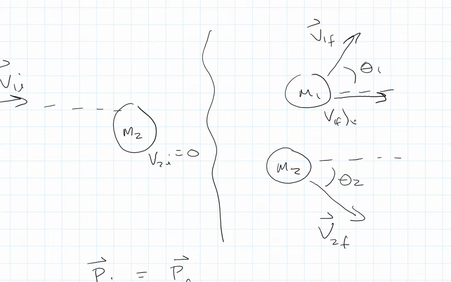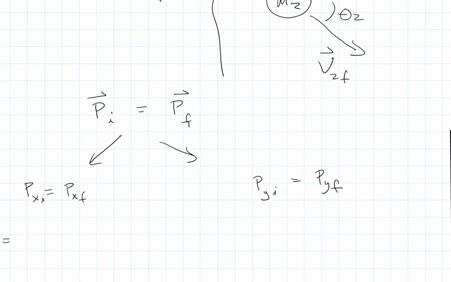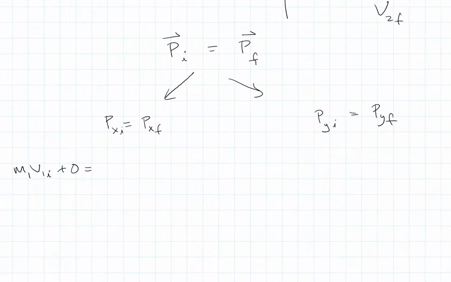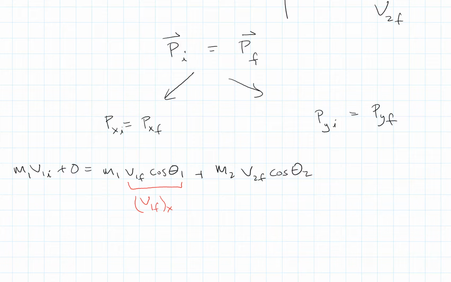V1 final x component is V1 final times the cosine of theta 1, and this gives me one equation, and I can use the y components to get a second equation, and I can use these two equations to solve for two unknowns.